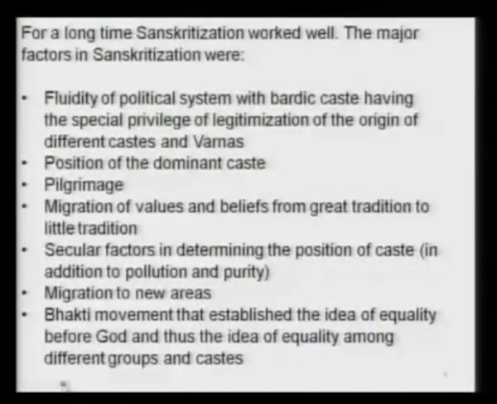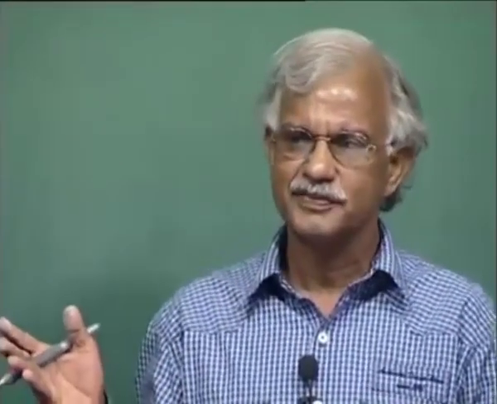For a long time Sanskritization worked well. The major factors in Sanskritization were fluidity of the political system, position of the dominant caste, and pilgrimage from one place to another. From end to end India was one homogeneous culture, and Dr. Ambedkar also talked about India being a homogeneous universal culture from end to end.